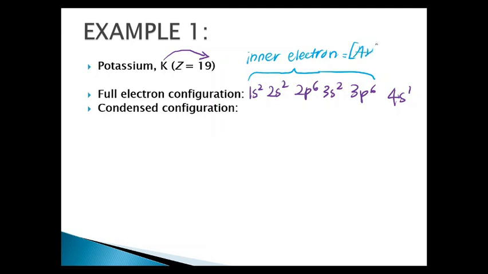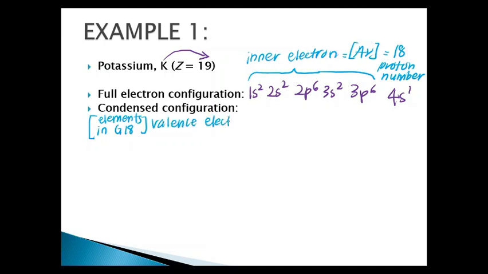This whole inner electron can be condensed as argon, since argon has proton number 18. So the condensed configuration is written as a bracket with your element in group 18, close the bracket, and write your valence electron.